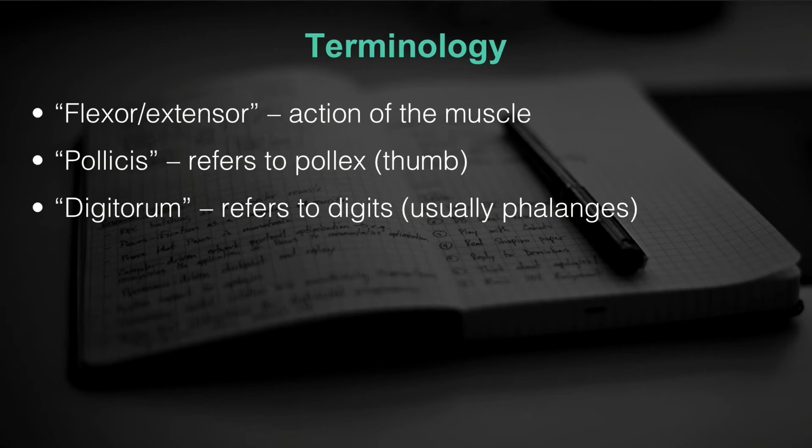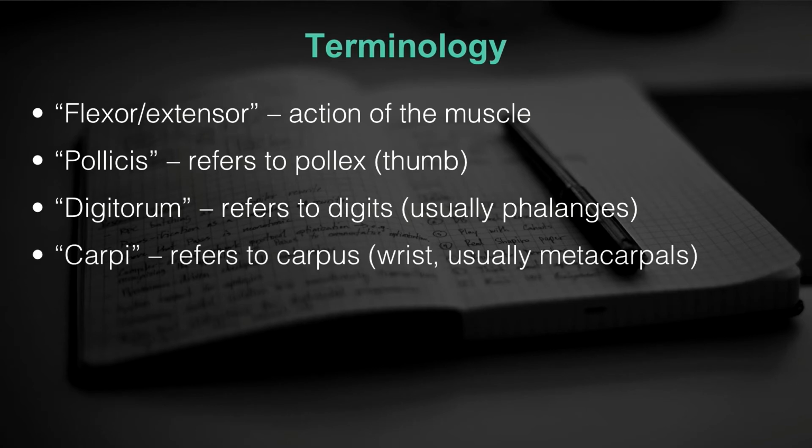And this should be intuitive, but I'm laying it out here for you so there's no confusion. What's maybe not so intuitive, if you see the word carpi, that refers to the carpus, which is Latin essentially for wrist. Any muscles with carpi in the name will often attach to the wrist bones, or as we know them, the carpal bones.